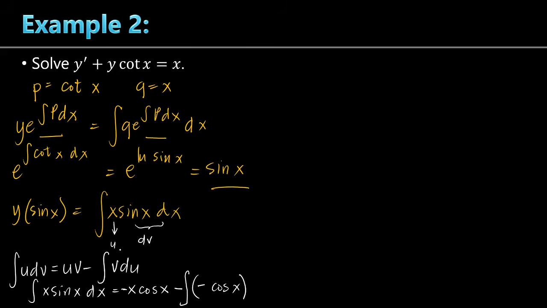Kung saan ang du ay dx. So, let us now rewrite this. Okay, y. Kopyahin ko lang to ha. Ayan. Y sin x. Bakit sin x? Kasi nga po, y sin x equals uv, ito yon, negative x cosine x, minus negative, so plus. At ang integral ng cosine ay sin x, and then plus C.